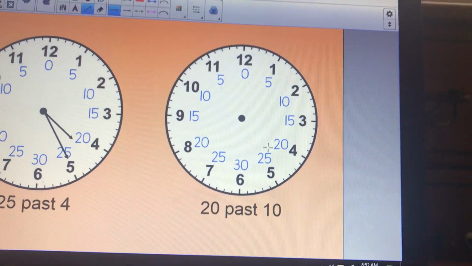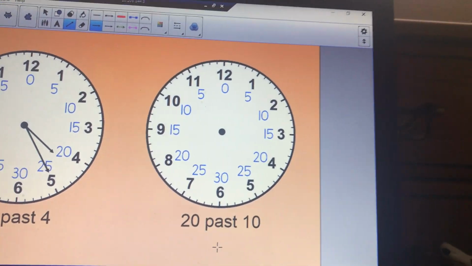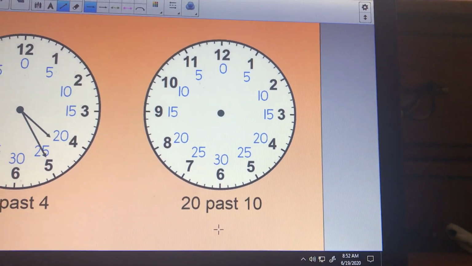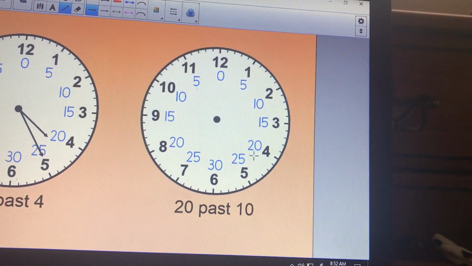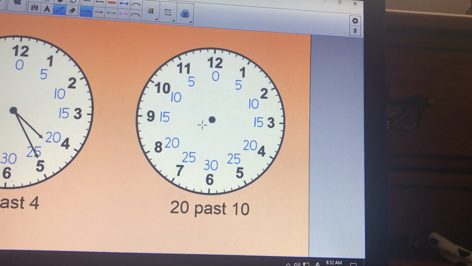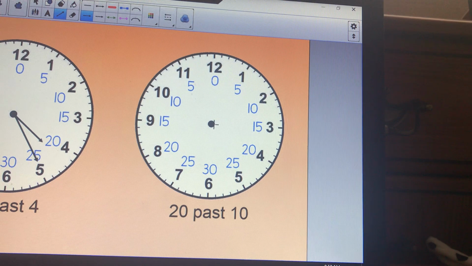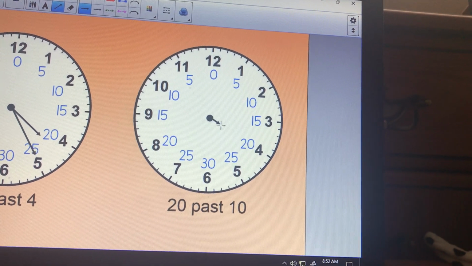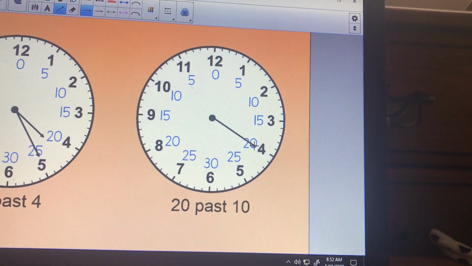This clock here, I want you to show me 20 past 10 or 20 minutes past 10. Remember, past the hour, we are looking at the right hand side of the clock, and I can see from my blue numbers here that 20 minutes past is the same as pointing to the number 4, and it's a minute hand, so it's got to be long.